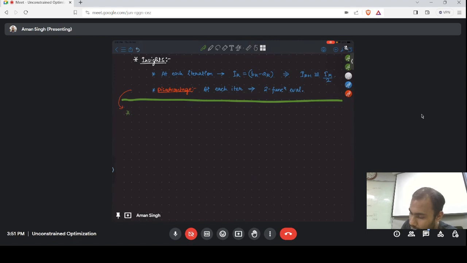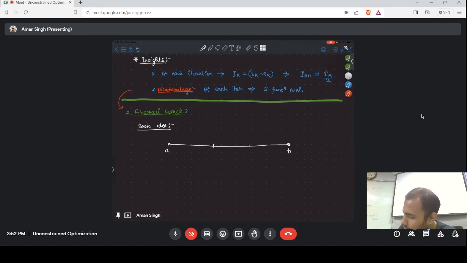So our next algorithm is Fibonacci search. We'll explain later why its name is Fibonacci search. First, let's look at the basic idea behind the algorithm. Let's say this is our interval A and B, and these are the two internal points, lambda and mu.